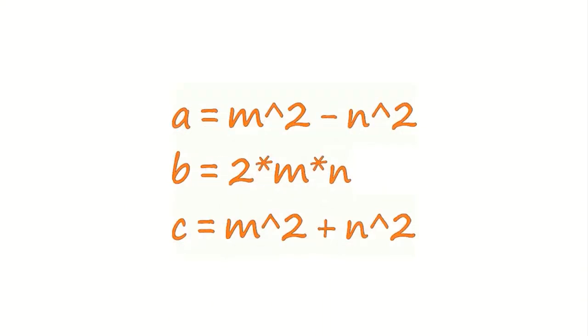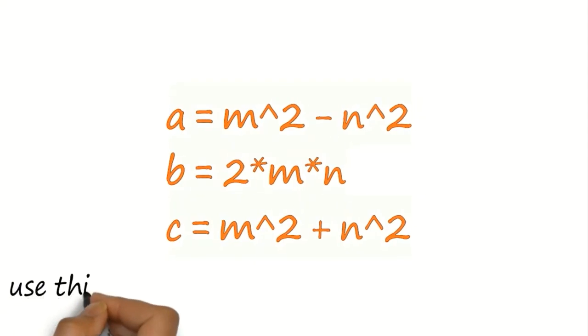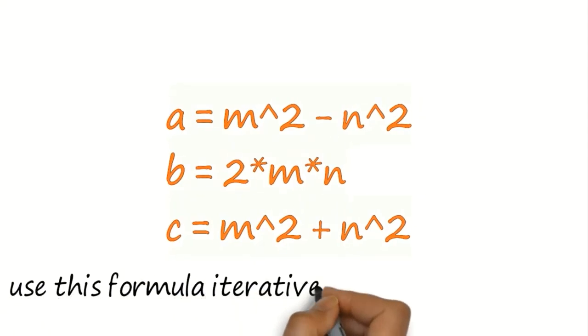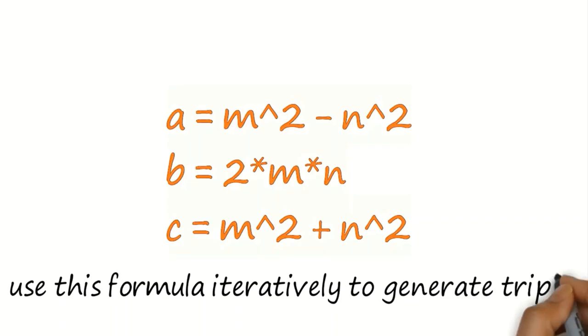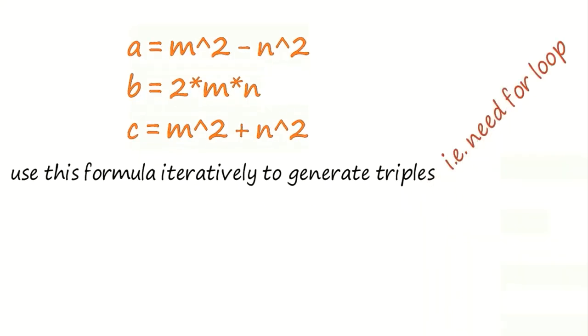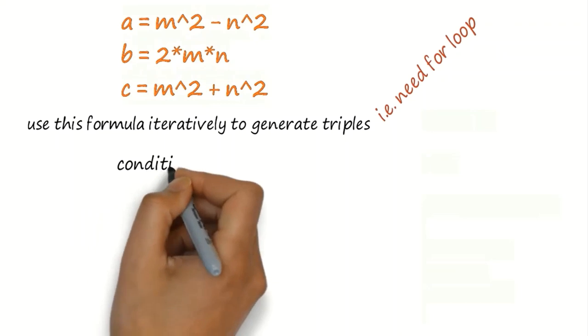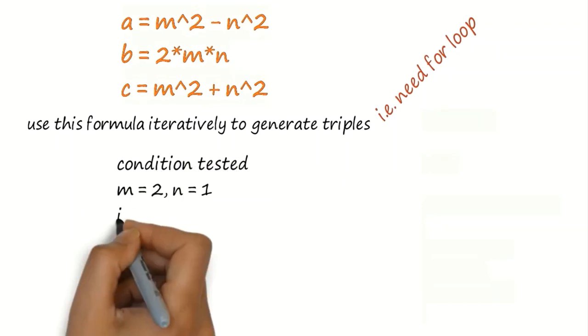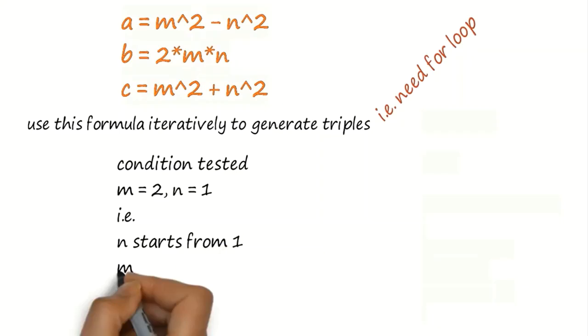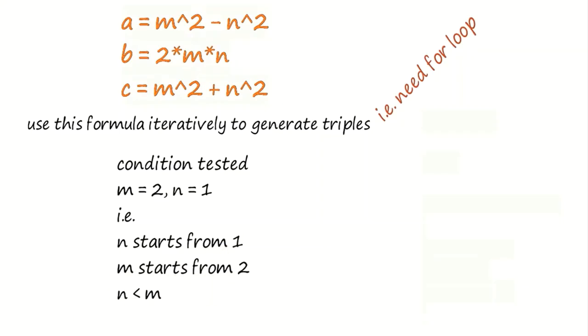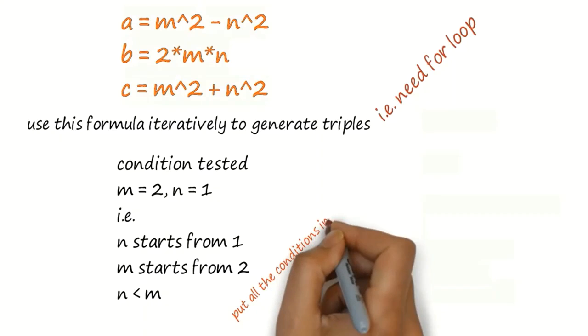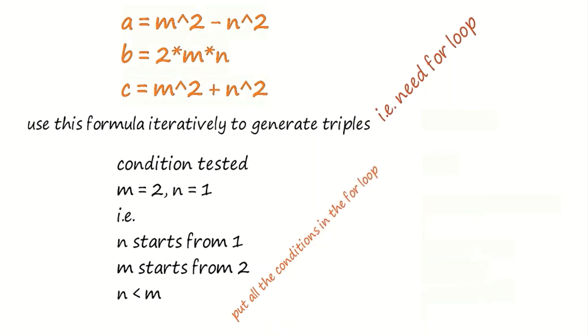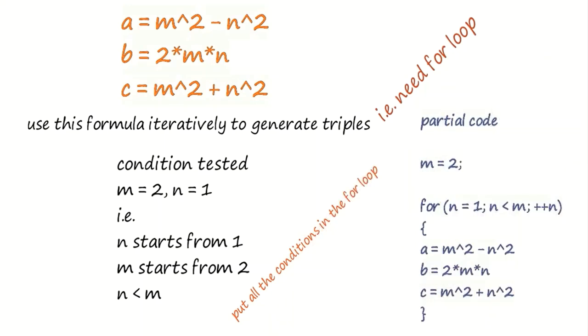We have to use all these formulas iteratively to generate the next set of triples. That is, we need a for loop. All these conditions are tested under m equal to 2 and n equal to 1. That is, in your coding, n should start from 1 and m should start from 2, and the value of n is less than m. Put all this condition in your partial code, and the formulas should be written inside the for loop.